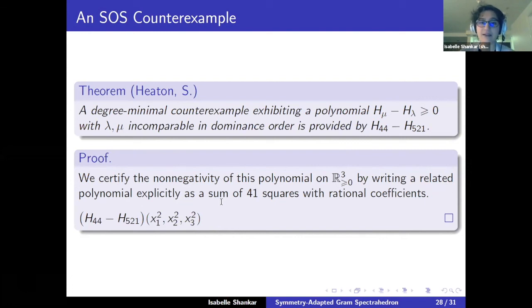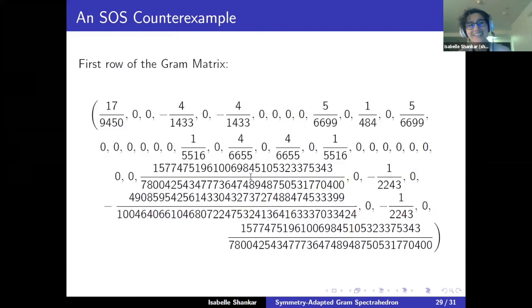That means it's non-negative, which gives us the inequality statement. That's quite nice. Just to give you a taste, I mentioned that the number of squares corresponds to the rank, so we have a 45 by 45 matrix of rank 41. This is the first line of the Gram matrix that we found.